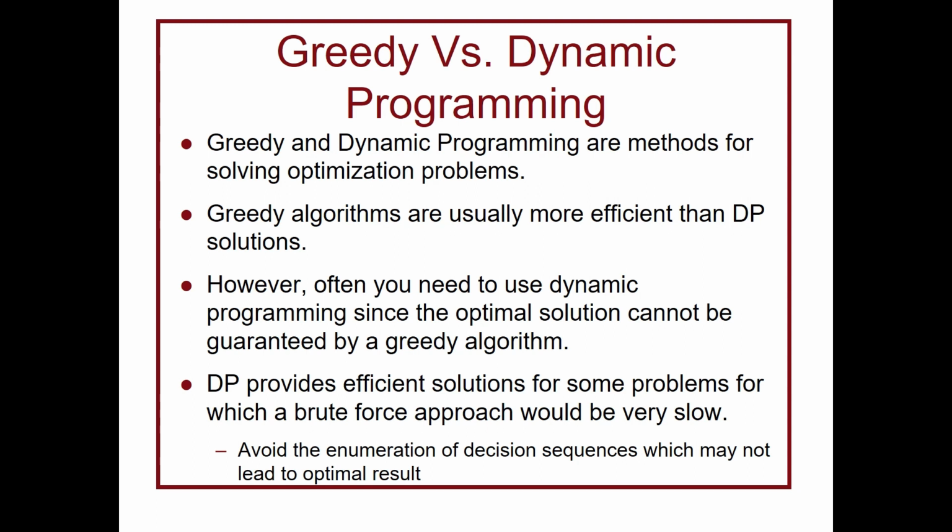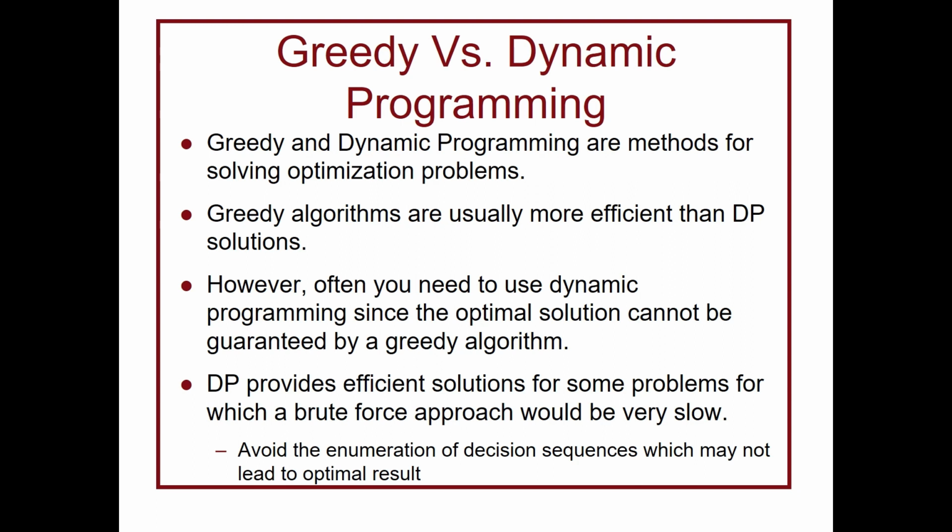So the next idea is, let's apply another design principle which is called dynamic programming. Dynamic programming is generally less efficient than greedy solutions, but we'll see that for a good set of optimization problems, we can solve them using dynamic programming; they are not as efficient as greedy algorithms, but they are much better than the brute force approach.